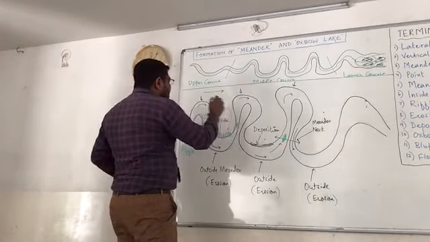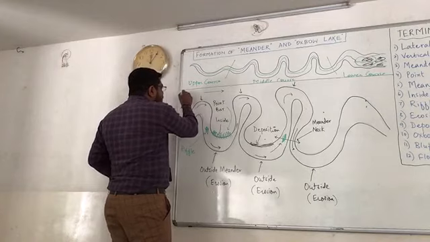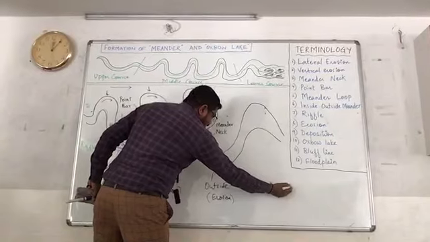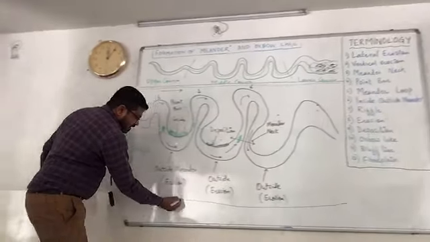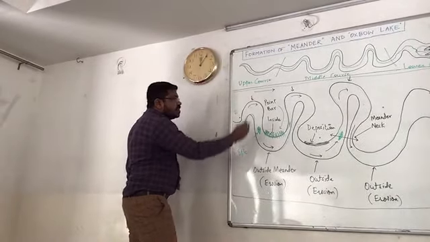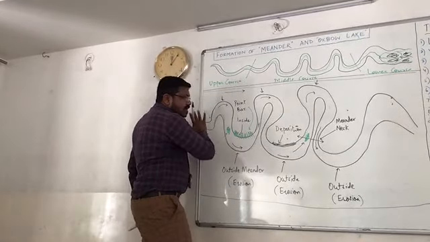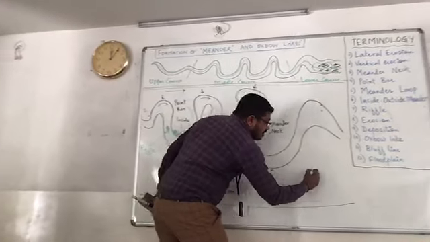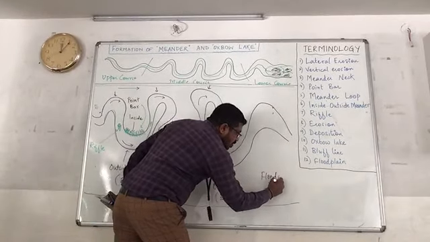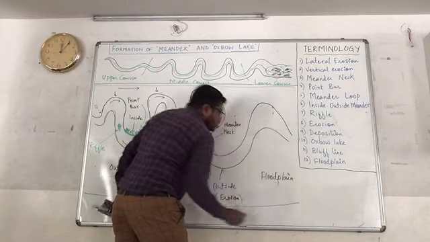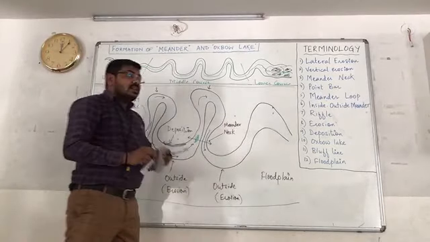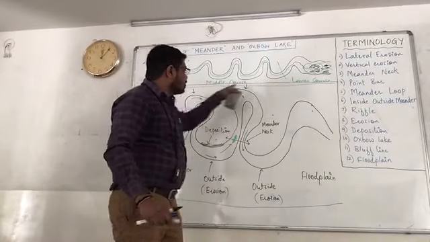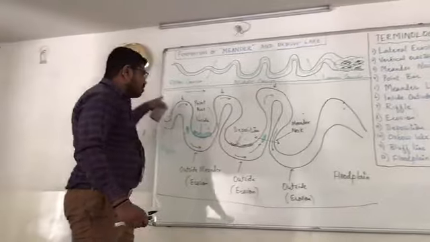Fine. Now this entire region, from here to here, the area which has been drained by a single river, we can call it a flood plain. So the flood plain is nothing but the area which has been drained by a river. A single river can cover this much area in the middle course.